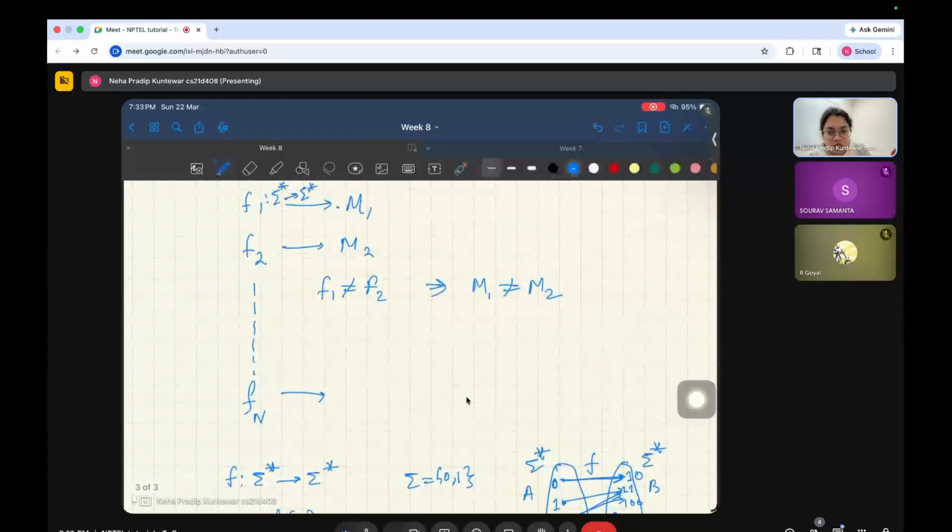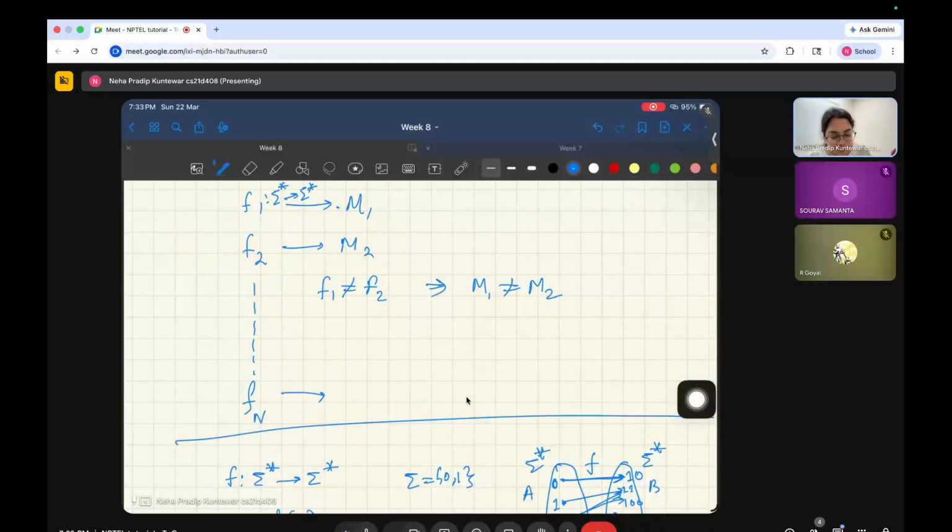Also, to answer your question, I think this argument would work. On this side, we have machines, which are basically a subset of 0 1 star because they are encodings. So this set is countable.